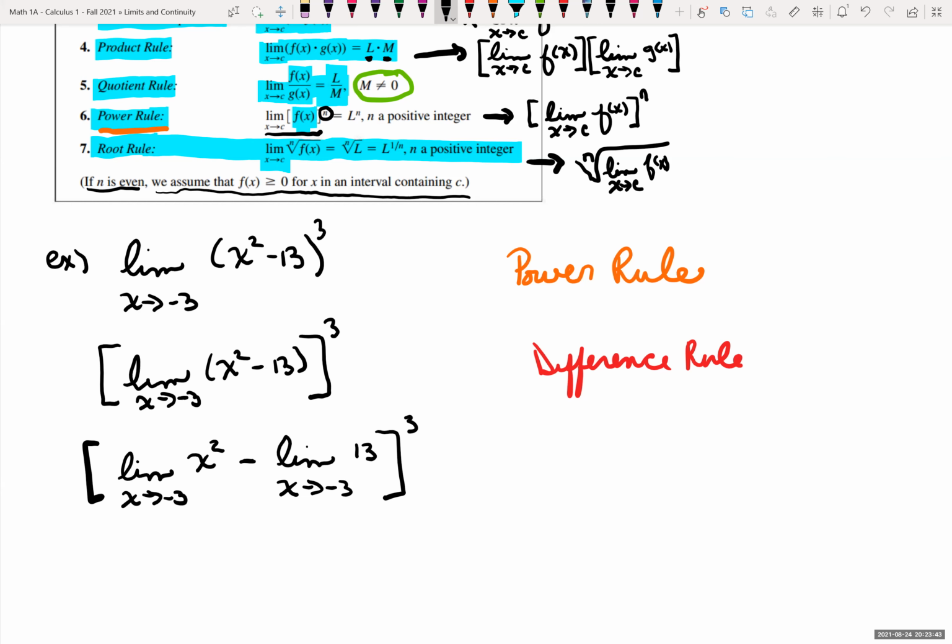So I'm almost there. Notice that the limit as x approaches -3 of x squared, that's a power rule again. So we're going to use the power rule again.